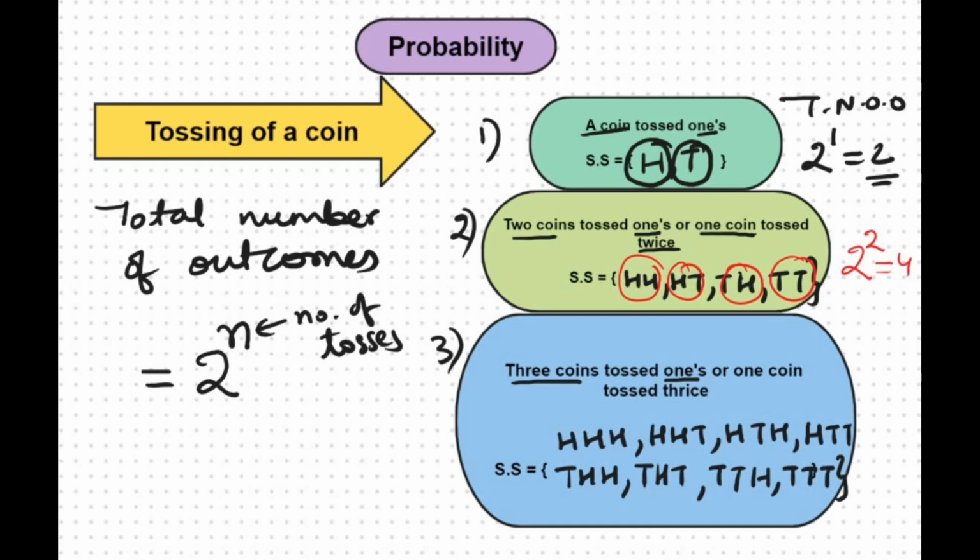In case of 3 coins tossed once, total number of outcomes is 2 to the power 3. Because 3 coins tossed once is same as 1 coin tossed 3 times. So 1 coin means 2 raised to the power 3, that is 8. And here the total number of outcomes is 1, 2, 3, 4, 5, 6, 7, 8.